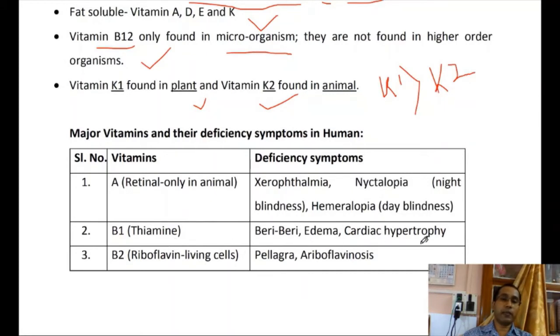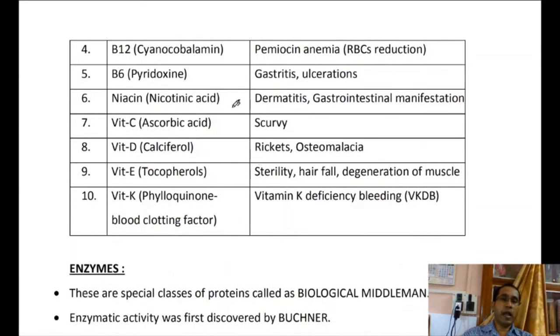B1, thiamine: beriberi, edema. B2: pellagra. B12: pernicious anemia. B6: gastritis. Niacin: dermatitis. Vitamin C: scurvy, very important. Vitamin D, calciferol: rickets and osteomalacia.